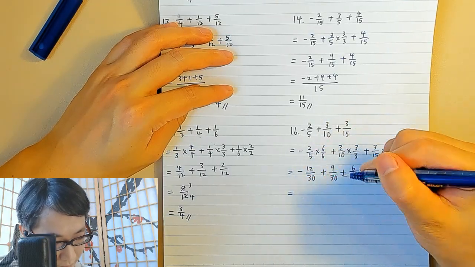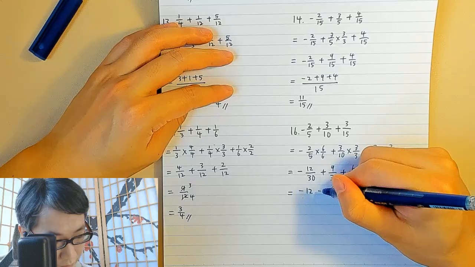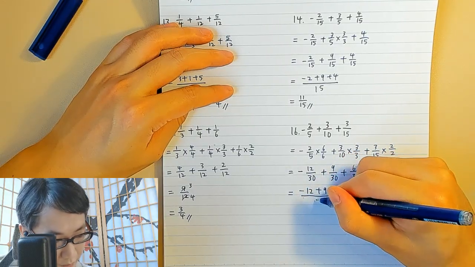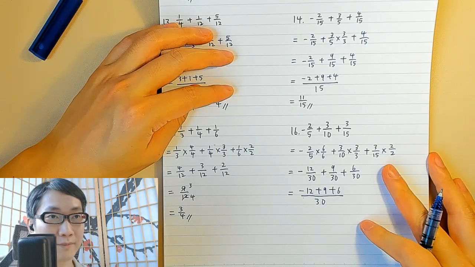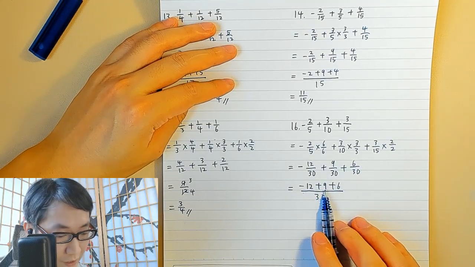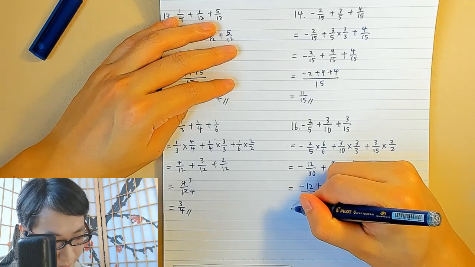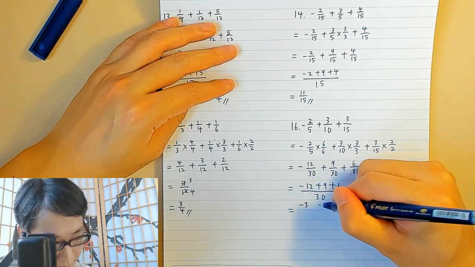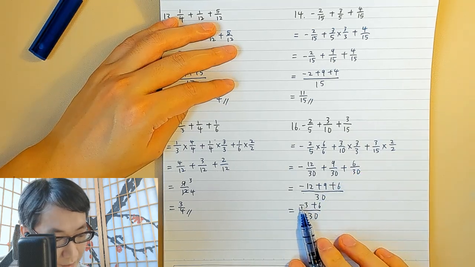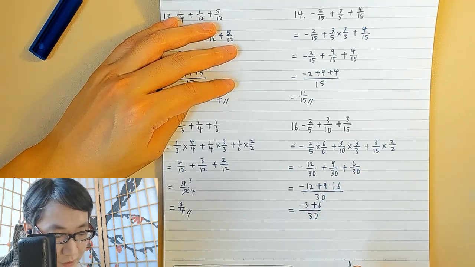Then we have negative 12, positive 9, positive 6 over 30. So negative 12, positive 9 will be negative 3. Negative 3, positive 6 will be positive 3.